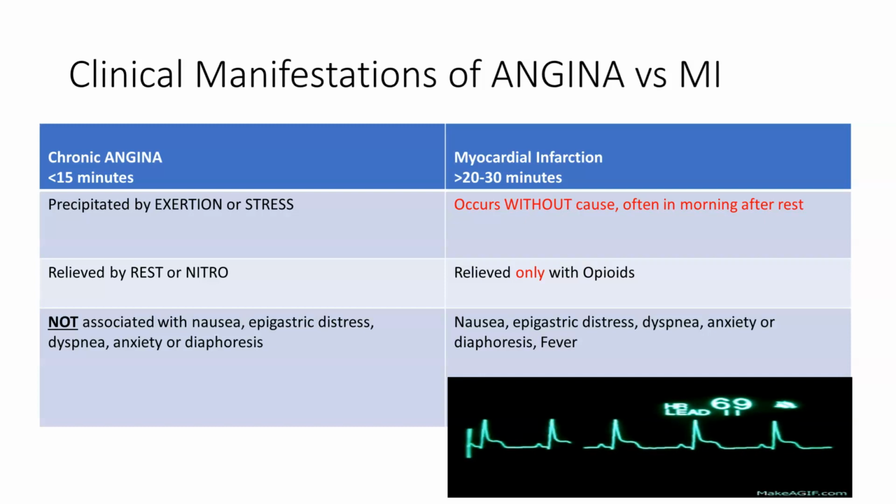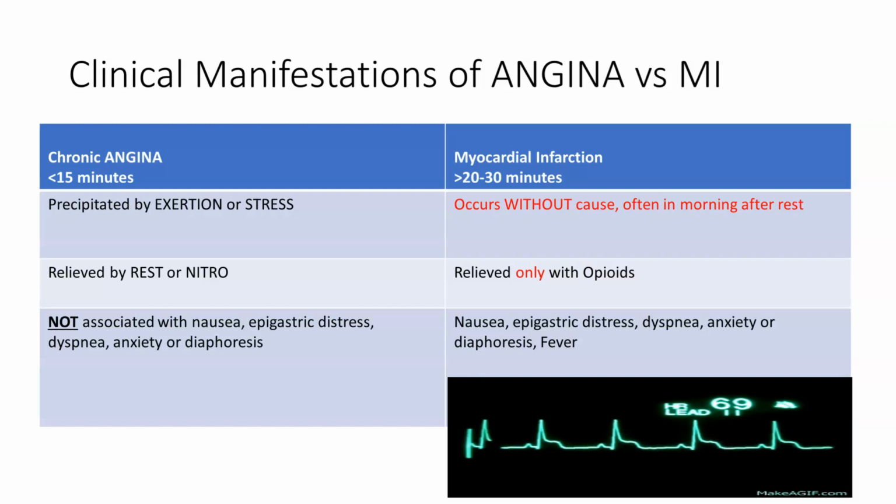Versus a myocardial infarction, it occurs without anything. During rest, often in the morning. You see it in the news when you have those really fit, healthy people that had an MI. Usually they're out doing something early in the morning and exercising, and they have this massive MI, and they're unable to get enough help, and they end up passing away.